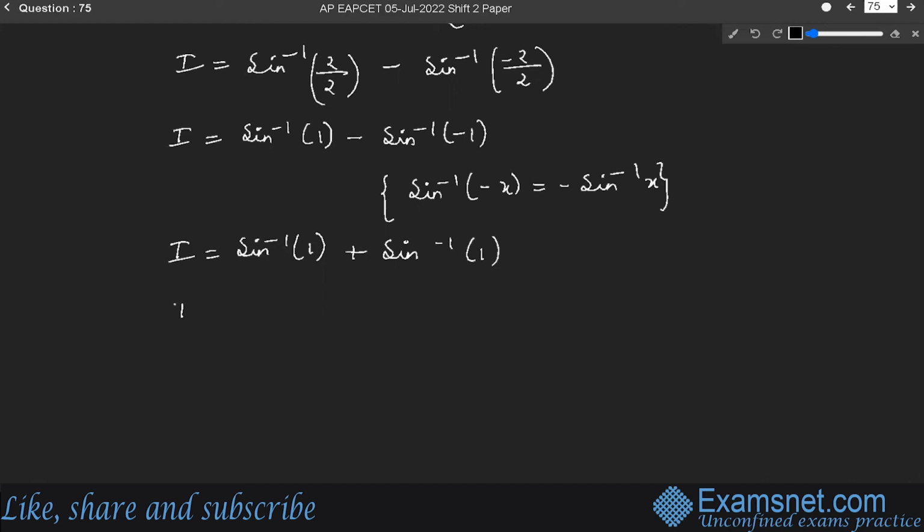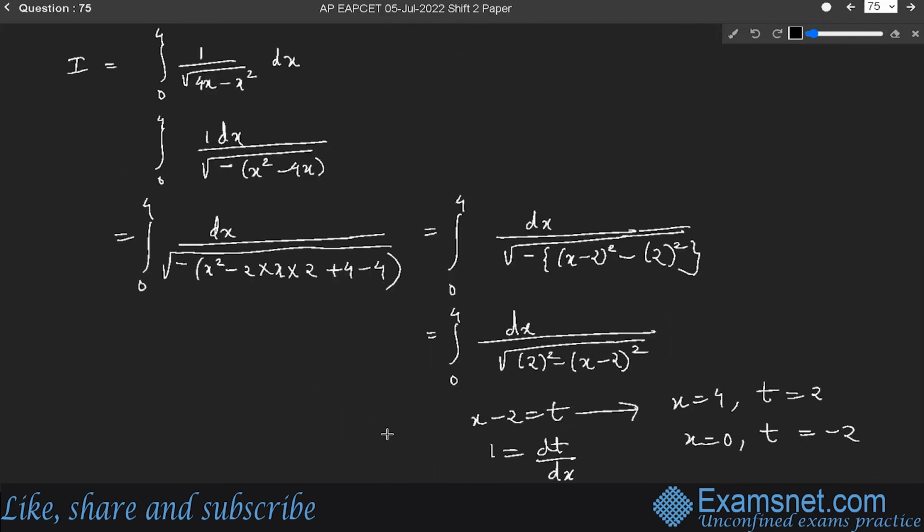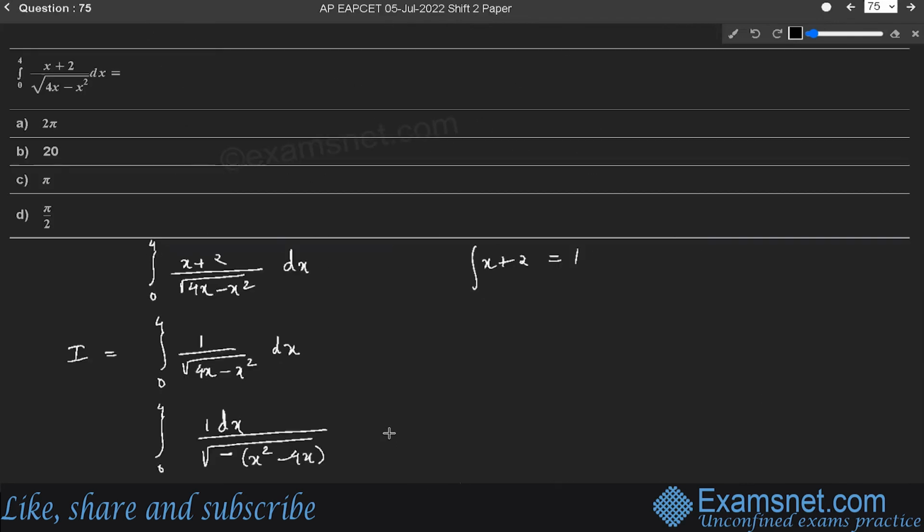So it will be equal to 2 into sine inverse of sine pi by 2. We know that sine pi by 2 is 1. So I is equal to 2 into pi by 2. Sine inverse and sine will be cancelled. So this will be equal to pi. Therefore, we can say that the correct option for this question is pi, which is option number C here.